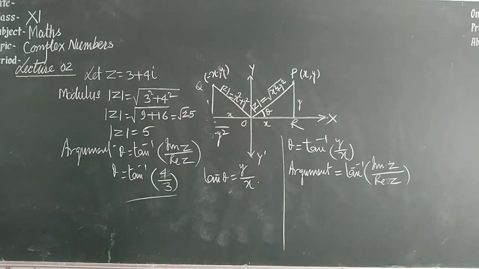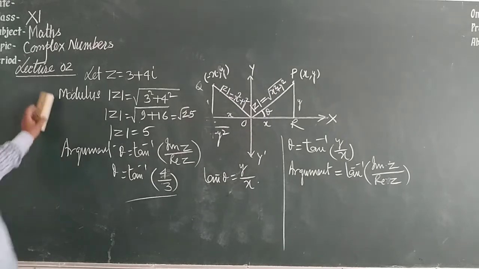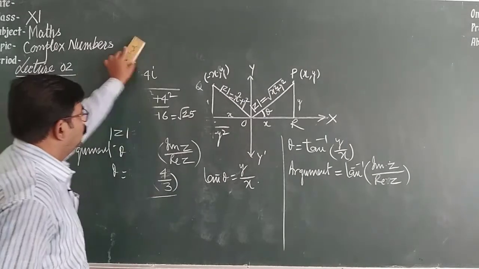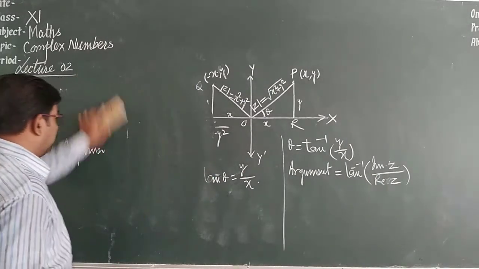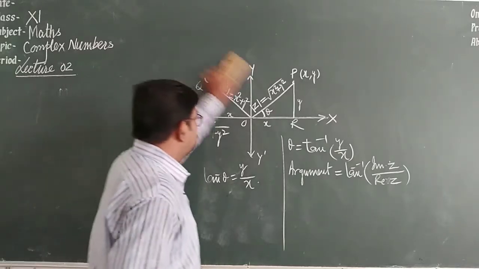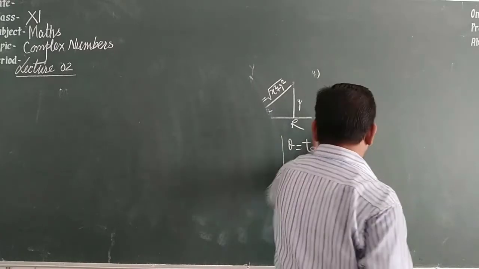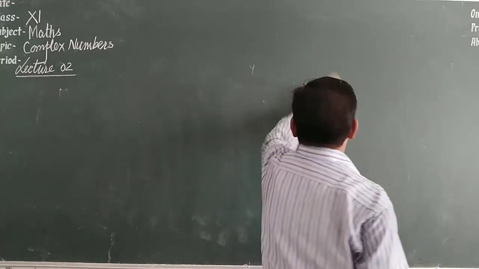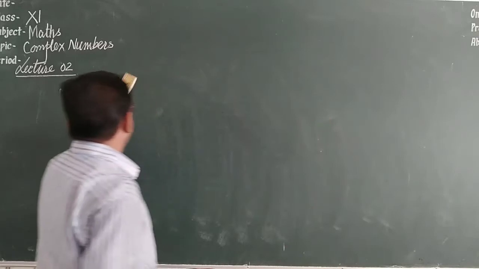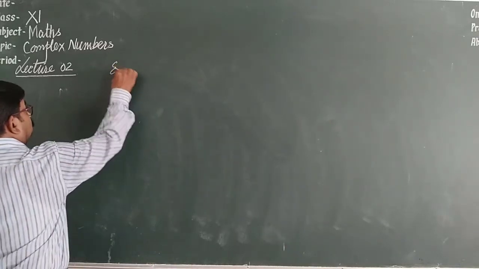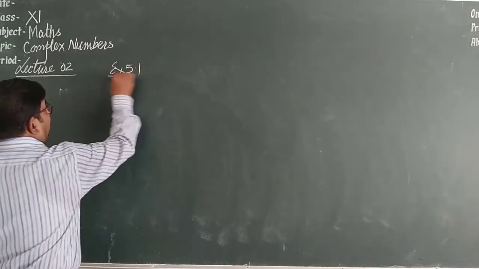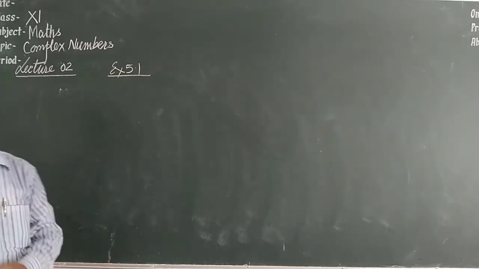Now this is the basic thing. Now we are coming to start Exercise 5.1. Very simple exercise. Other things I will tell you as we proceed in the chapter. Exercise 5.1, very simple exercise.